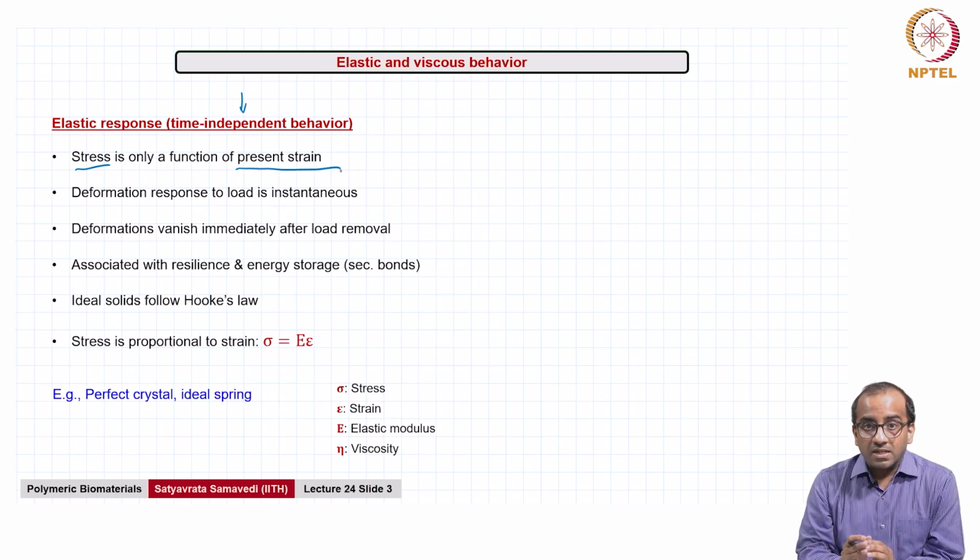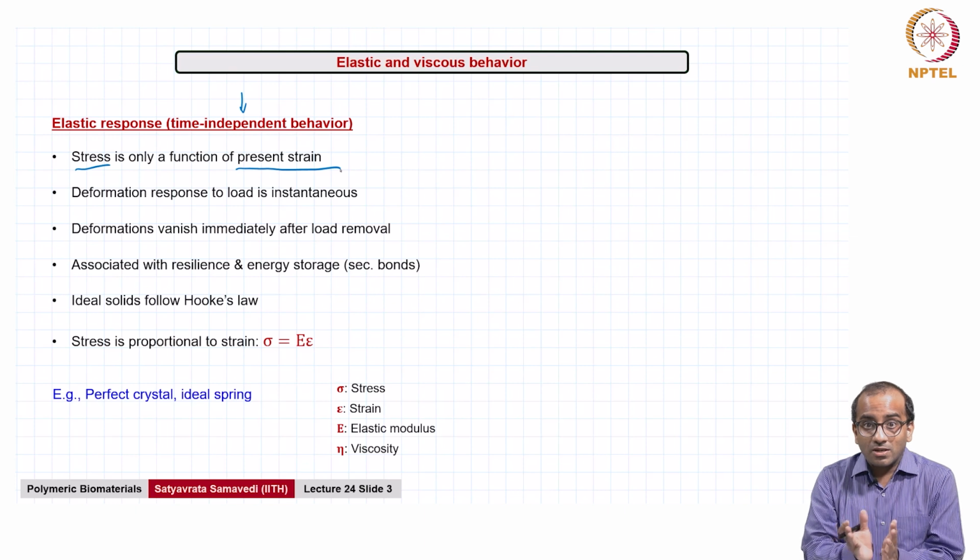It does not really matter for purely elastic responses how you got to that deformation, right. If you are at 5% strain, it does not quite matter whether you got to 5% strain from 10% or you went from 1% to 5%, or even how fast you went up there.